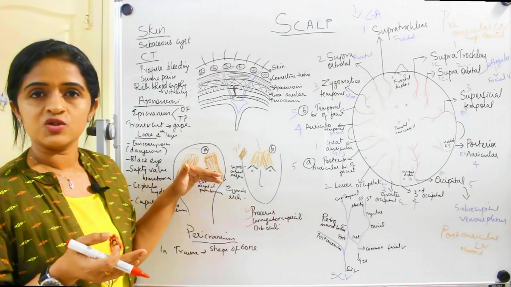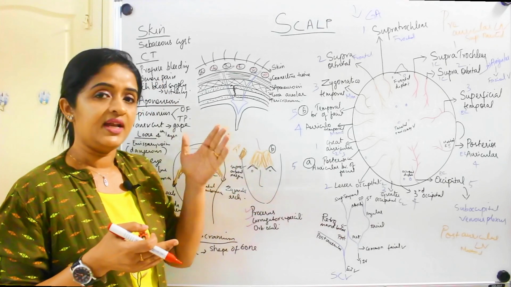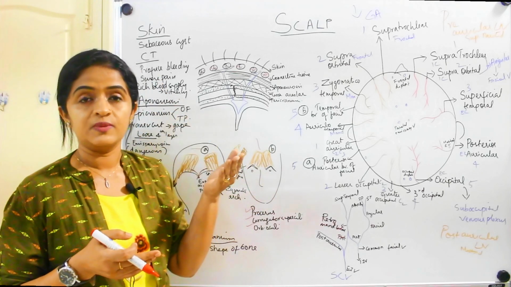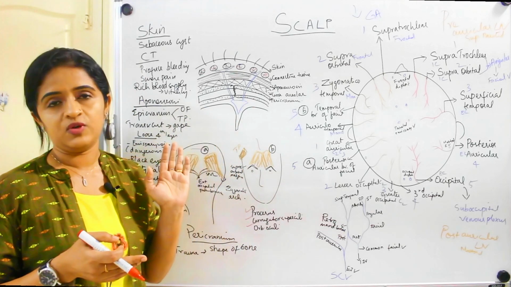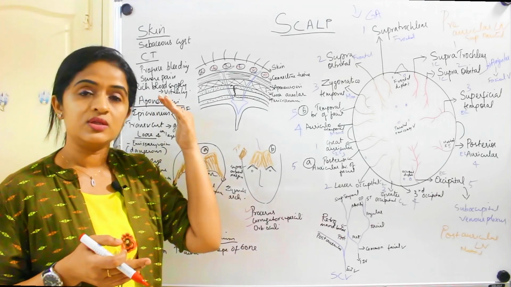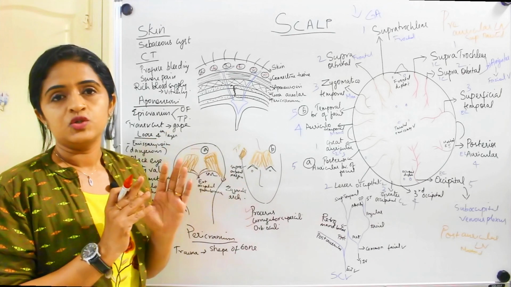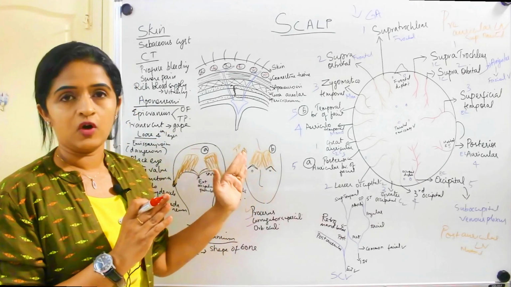Backward collection is limited by the bony attachment. So it will come forward and reach up to the eyelids, because it is continuous with the skin and subcutaneous tissue of the eyelids, since there is no attachment for the frontal belly and the galea aponeurotica to the frontal bone.